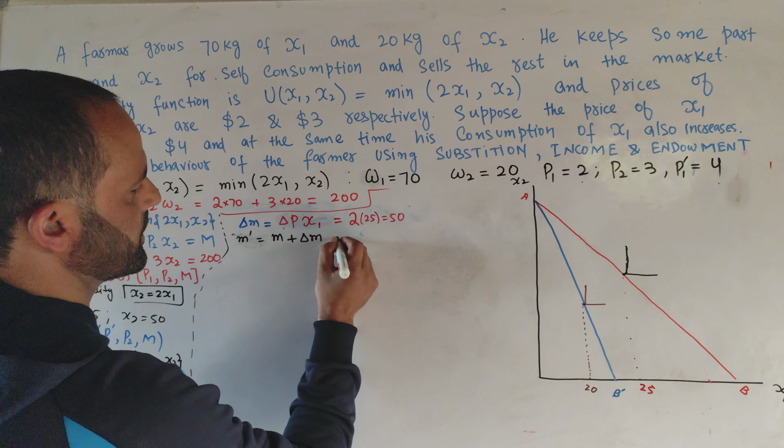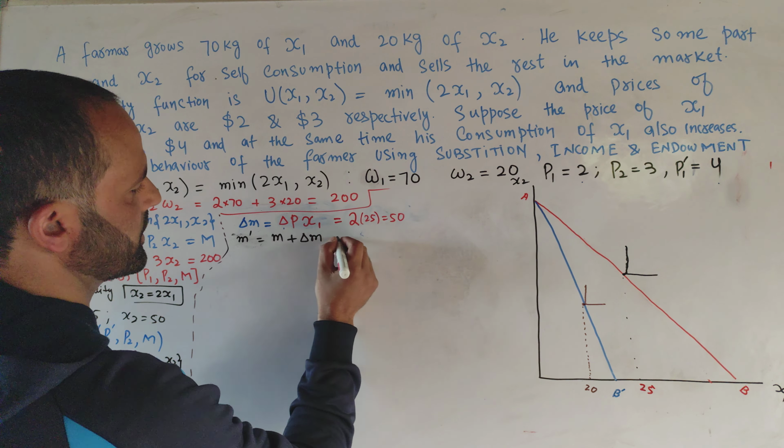Now we need to find out the shifted budget line. The shifted budget line should pass through this bundle. How do I draw the shifted budget line? Let me use another color to make things simpler.